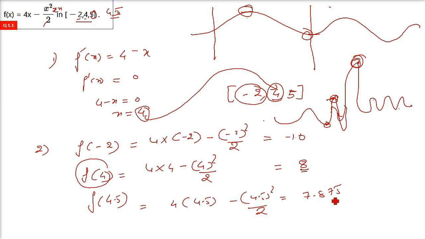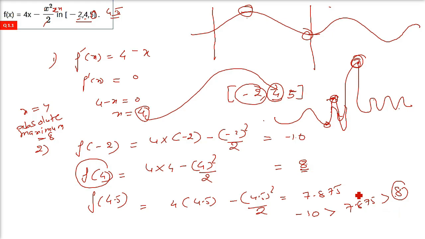Now you have to see the ascending order here. The lowest one is -10, then we have 7.875 and the highest one is 8. This -10 comes at f of -2. Here x equals 4 is giving you 8, which is the maximum. The highest value is 8 at x equals 4, so f of 4 is equal to 8.